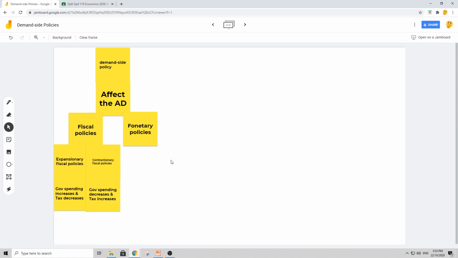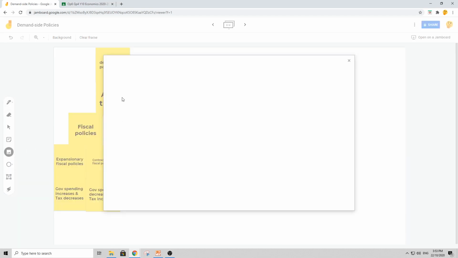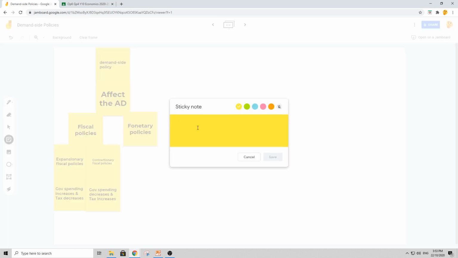So now we want to link the policies to different government objectives. All right, so I'm going to make some more boxes. This time I'm going to use green ones. Can you all tell me some government objectives? What are the government objectives? Come on. Okay, economic growth.